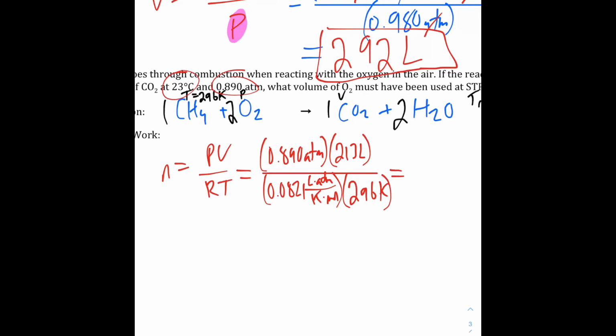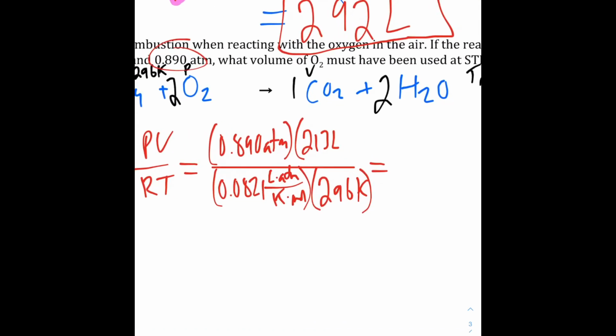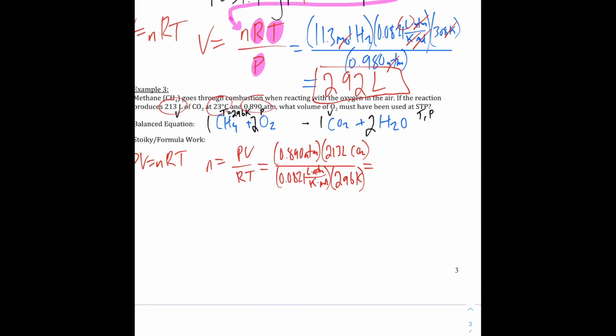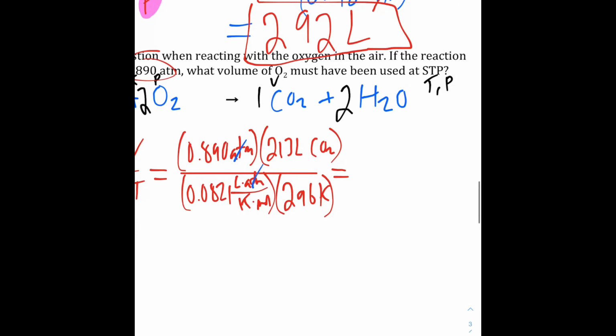And I did the thing I told you not to do. If we have liters, let's include liters of what? That was our liters of CO2. There we go. Okay, so we're going to cancel some things out. Atmospheres cancels, liters cancel, Kelvin cancels. We're going to have an answer that's in moles.